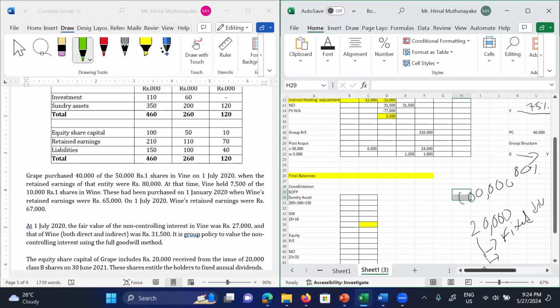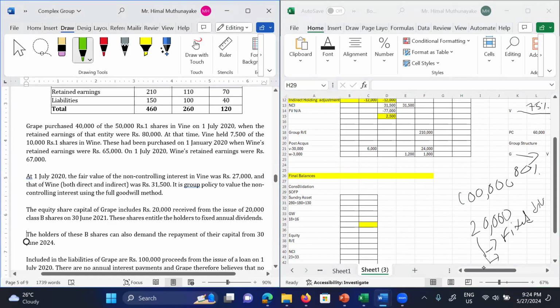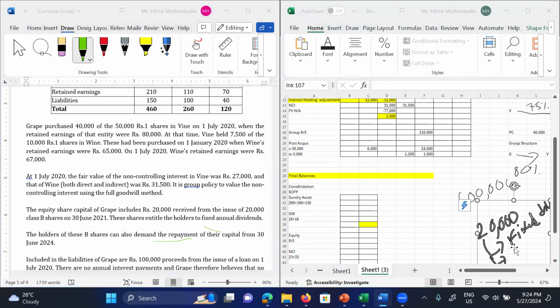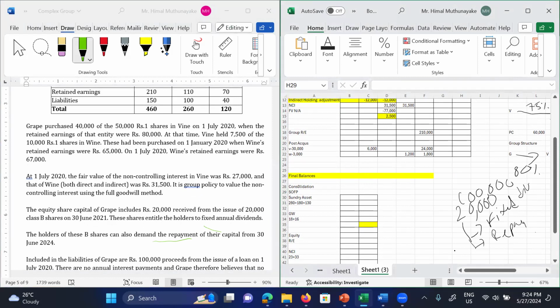And also there will be the fixed annual dividend, and also B shares can demand the repayment. So the repayment also can be done. So that means it's not presenting the equity characteristics.